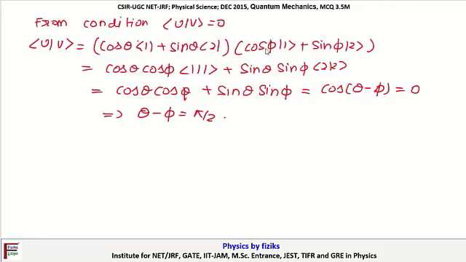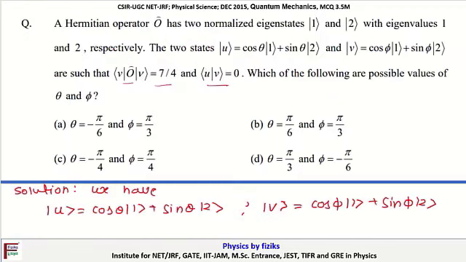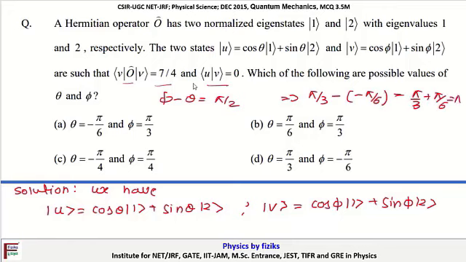So let us check which options give phi minus theta equals pi by 2. If we check, pi by 3 minus minus pi by 6, that is pi by 3 plus pi by 6, equals pi by 2.